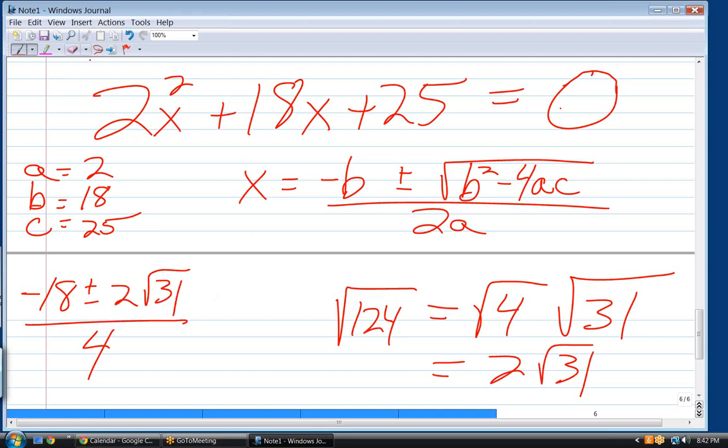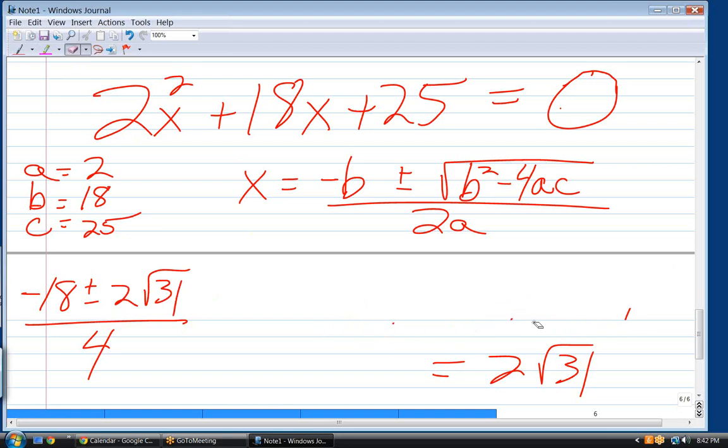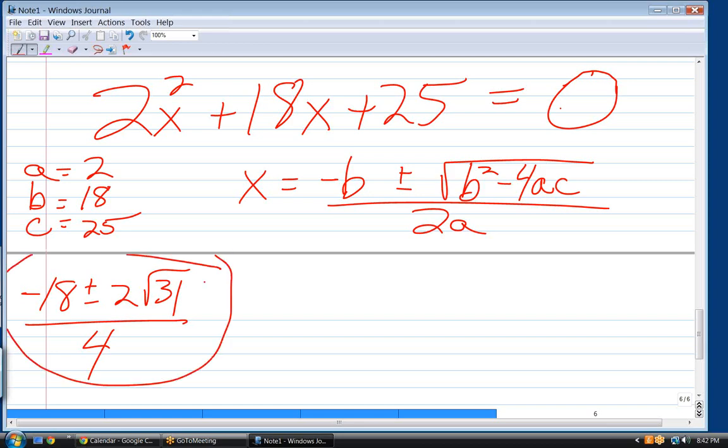And now there's one last simplification you can make. What can I do to that whole thing? I can divide top, and everything's an even number. You can divide except the 31, but I don't care if that's odd. Okay.